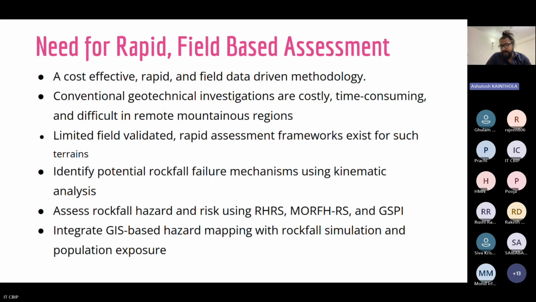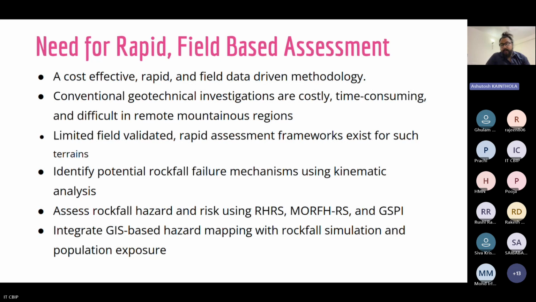And we have augmented these approaches with core rock engineering tools such as kinematic analysis, which tells us the type of structural failure that may take place, and also 2D rockfall simulation, which is essentially a statistical model.